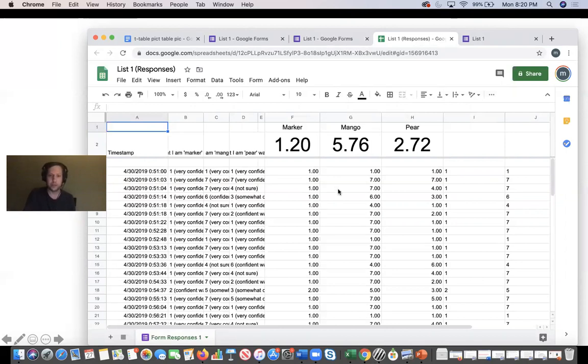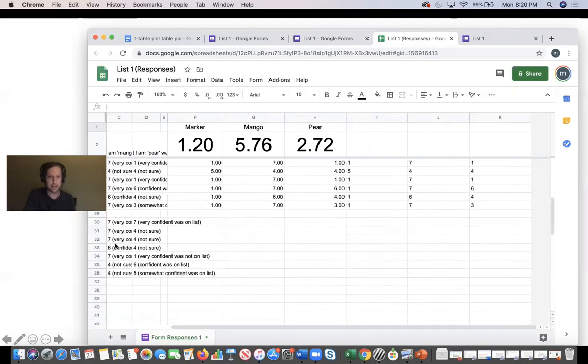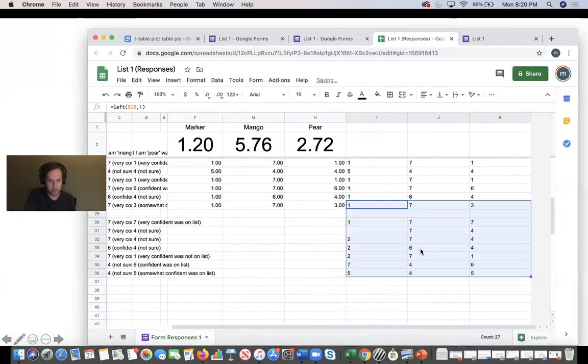Here are the means for those 3 words previously, and these are basically the old data. Your data is appearing on the Google Sheet down here. It looks like 7 people contributed scores today. So we will look at your scores right now. We don't know whose is whose.